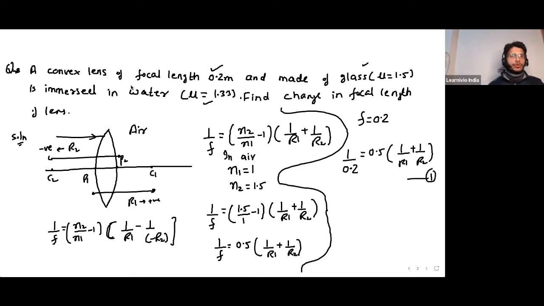Then what you do, you take the same lens and place this lens into water. The refractive index of the medium of the lens is the same, 1.5, but the refractive index of water is 1.3. You are changing the surroundings, so your N1 is changing.